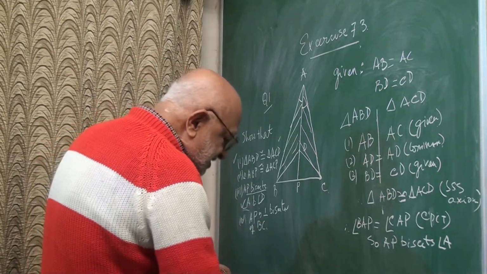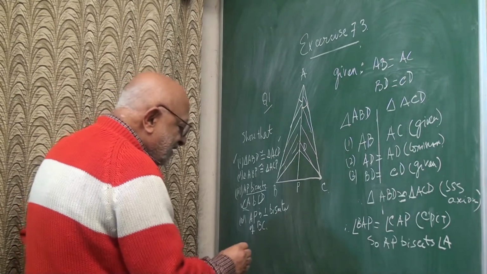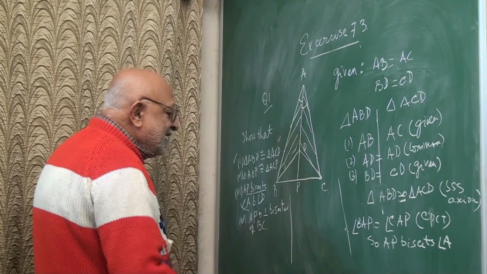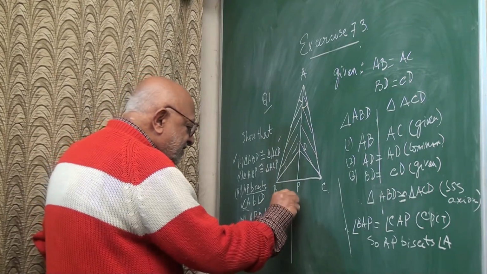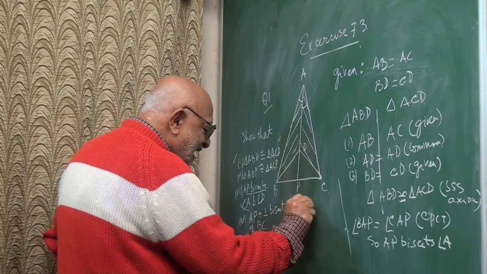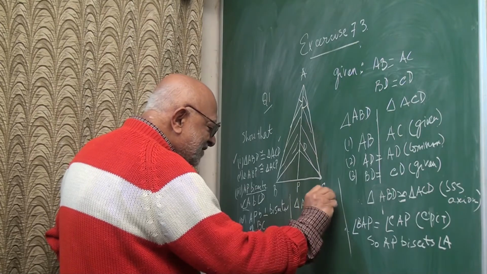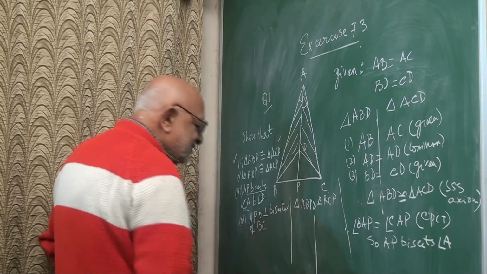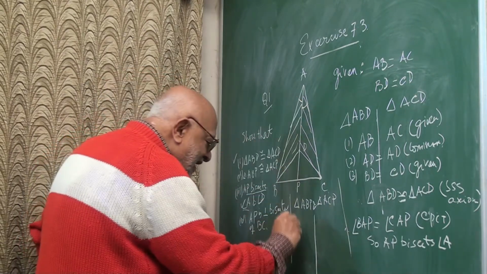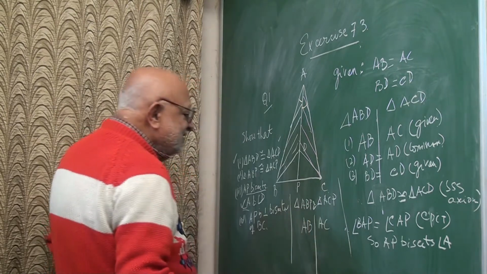Now I can come down here, take a little bit of space, and take triangle ABP and triangle ACP, these two triangles. Here again AB is equal to AC, that is given.